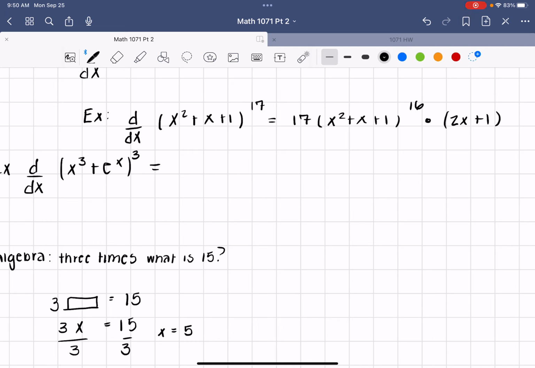This problem is essentially box cubed. And if I said box cubed, what's the derivative? You'd say 3 box squared. So ignore what's in the parentheses for a minute. Or if you wish, call what's in the parentheses box. And now box cubed becomes 3 box squared, where you recopy, don't change the inside of the box.